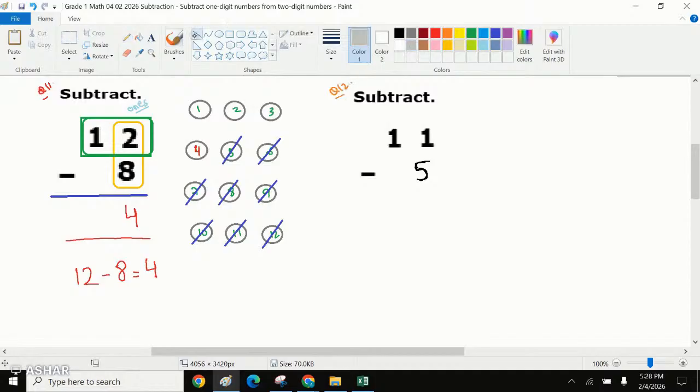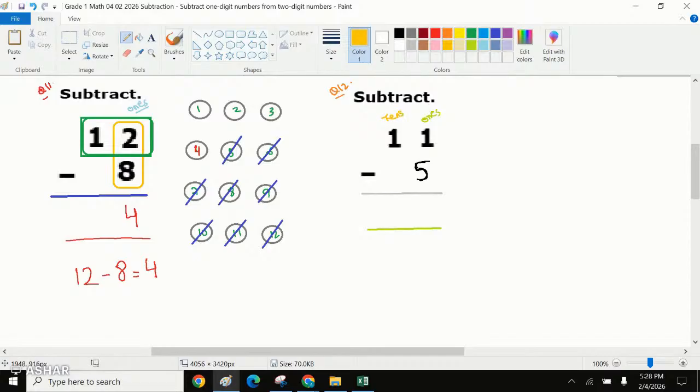But the only problem we have is when we are subtracting from ones. If this value was ones over here, we know that 1 is smaller than 5. So we cannot subtract 5 from 1. Agreed? So in this case, sorry, this would be tens. I just wrote ones. This should be tens, right?